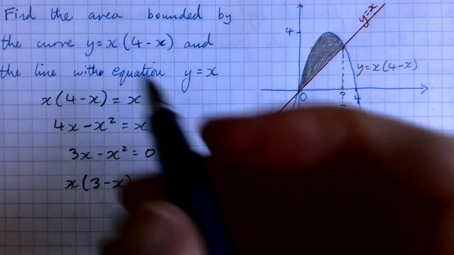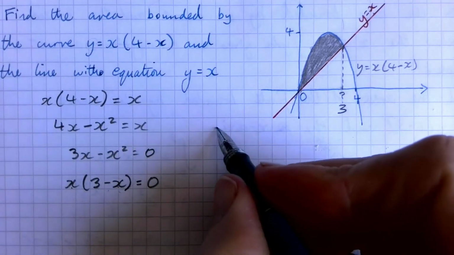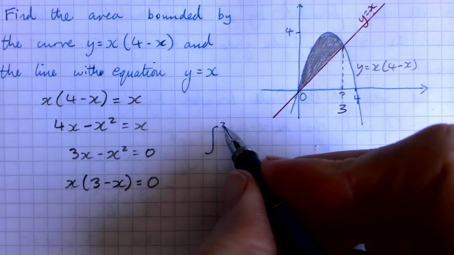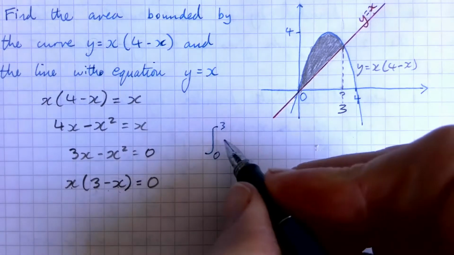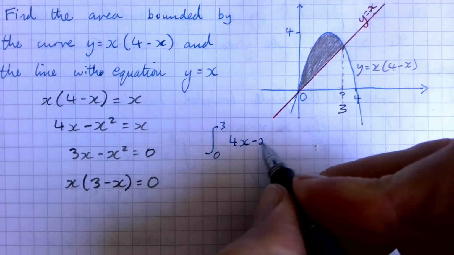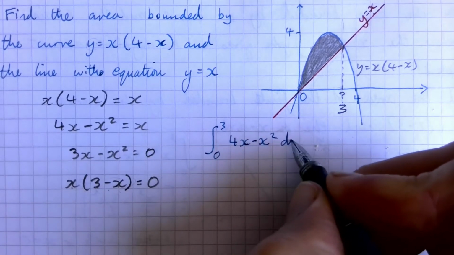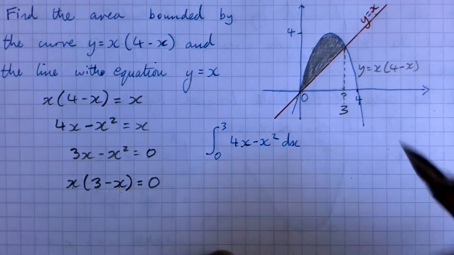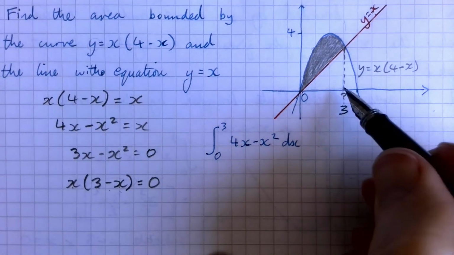is, first of all, integrating between 3 and 0 for 4x minus x squared, and then from that I'm going to be taking away that area there.